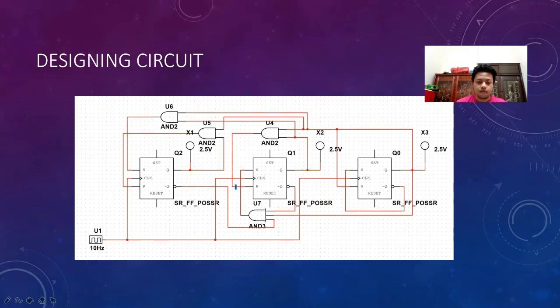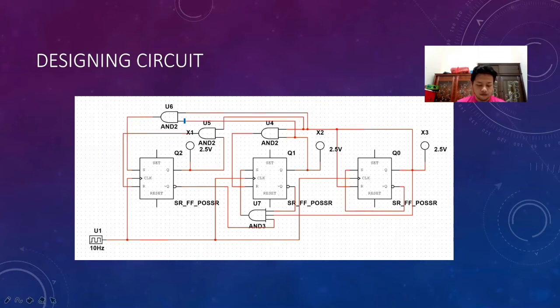And then for the third SR flip-flop, S2 is equal to Q0 times Q1. So we use a 2-input AND gate. This is Q0, and then this is Q1.